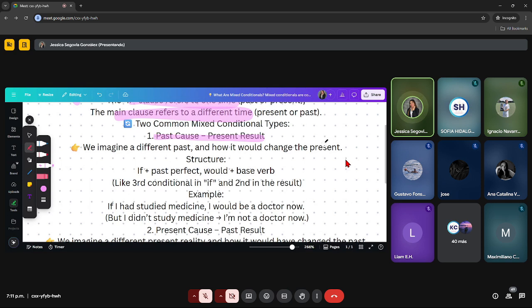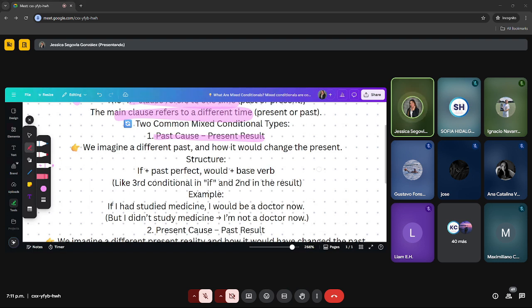And here we imagine a different past. Remember that conditional sentences in general are all different ways of imagining alternative perspectives or alternative realities, hypothetical situations of something that probably did not happen.